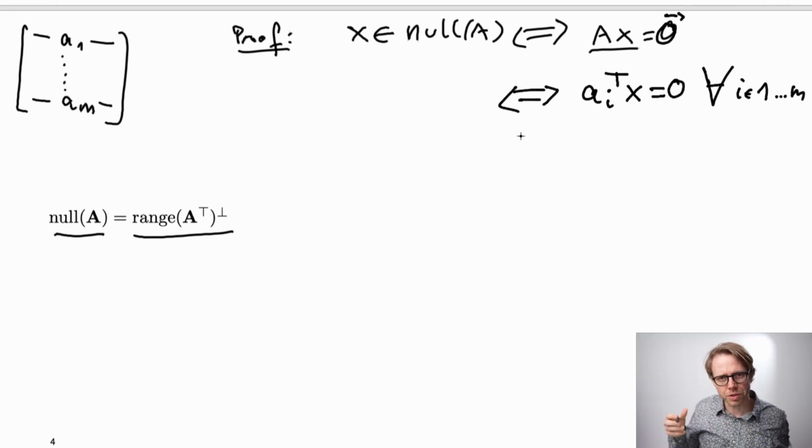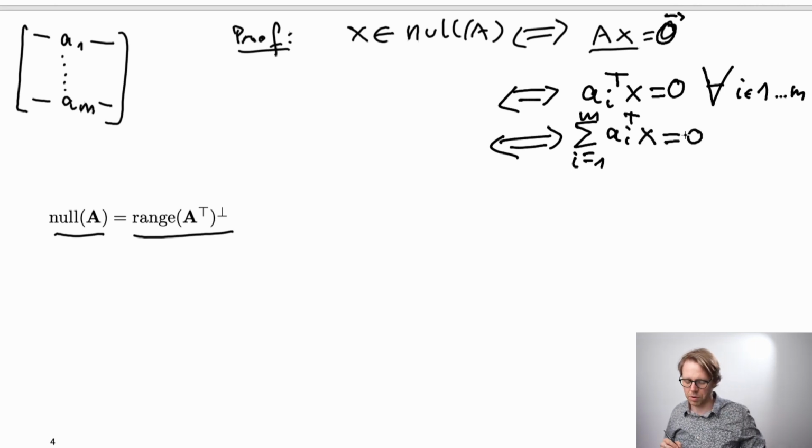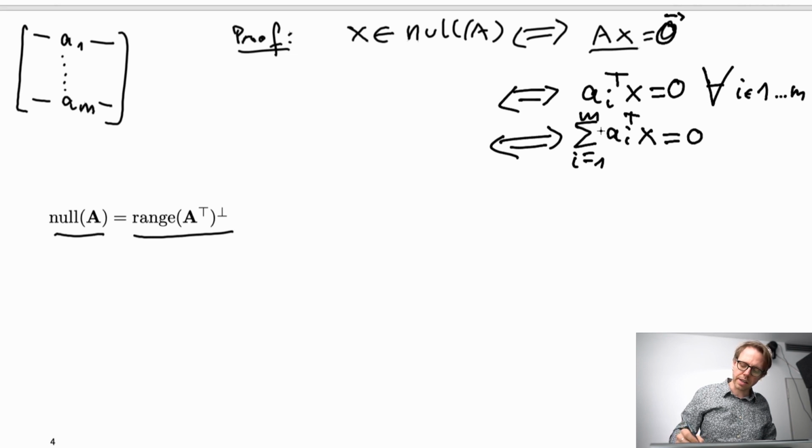Now if this holds for any row, it of course also means that it would hold for the sum of all of these rows. So the sum over i equals 1 through m of a_i transpose x equals a scalar 0. Actually, it still has to hold if we multiply these with some scalar alpha_i for all alpha_i.